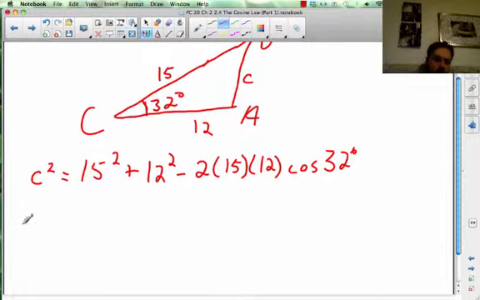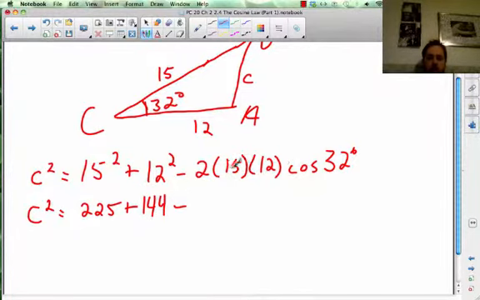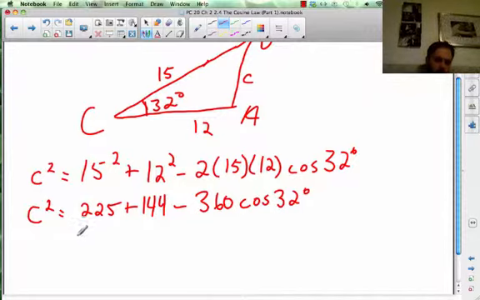So let's go ahead and simplify this a little bit before we bother using our calculators. 225 plus 144 minus 15 times 12. 15 times 10 is 150, and then you add 30. So that will give you 180. Multiply that by 2, which would be 360. So 360 cos 32. 225 and 144 will give you 369. And this would be minus 360 cos 32.